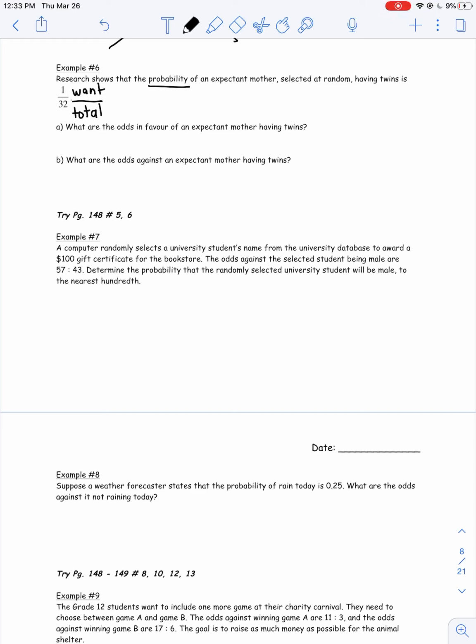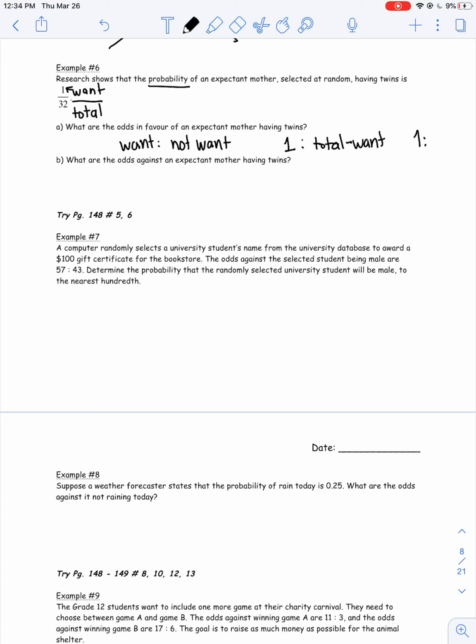Okay, so what are the odds in favor of an expectant mother having twins? Odds in favor, we're going to write what you want versus what you don't want. Now, we already know what the want is. The want is 1, because that came from this number right here, which is our want, which we labeled. Now, to get our not want, we're going to take our total and subtract what we want.